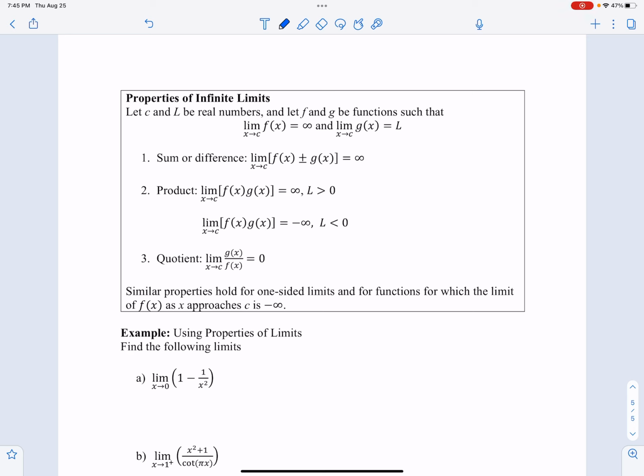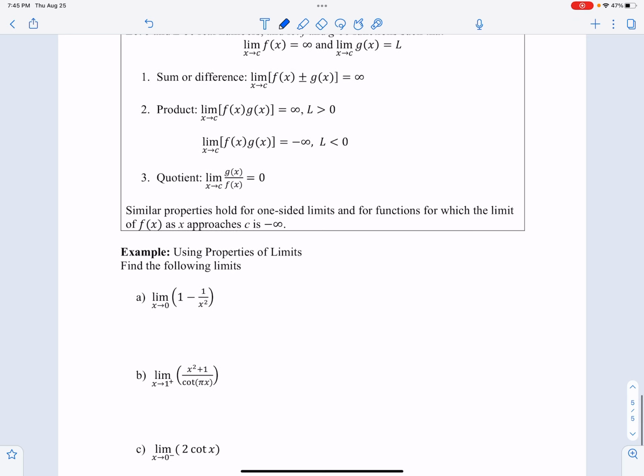And then for a quotient, a ratio of two functions, if the limit of the function in the denominator is approaching infinity, so it's increasing without bound, while the limit in the numerator exists, then all we can say about that limit is that it is equal to 0. So similar properties hold for one-sided limits and for functions for which the limit of f of x as x approaches c is equal to negative infinity.